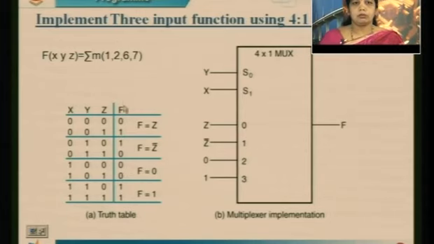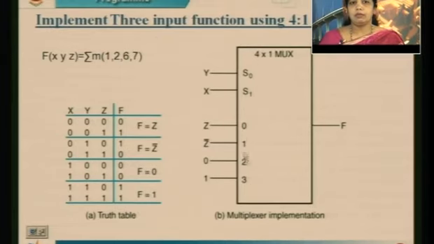So now I am using a 4:1 mux to realize this expression. How to connect these inputs and how will I get this output? As I said, in a 4:1 mux we have 4 inputs named 0, 1, 2, 3 and 2 selection lines named S0, S1.